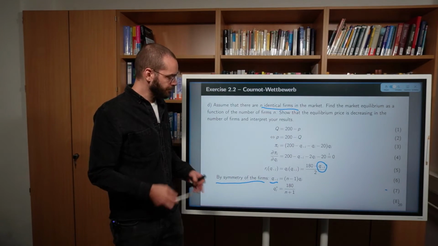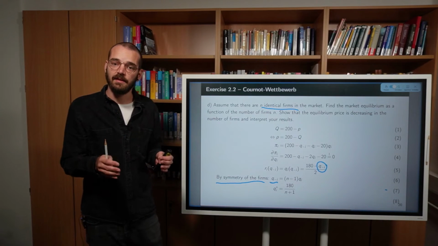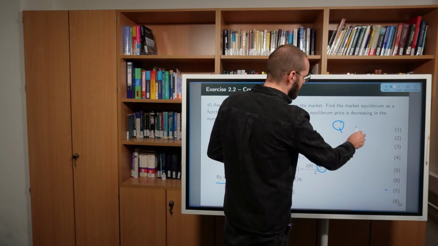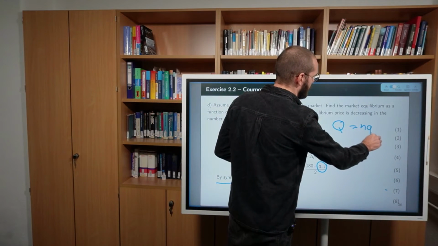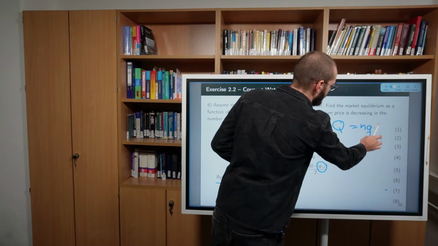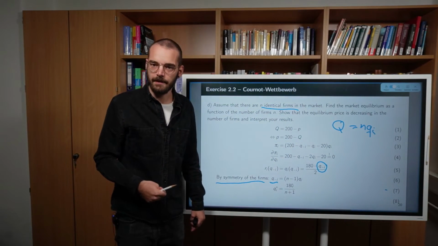Alright, so if all firms are identical, then of course the total quantity in the market is simply n times the individual quantity. Okay? Because all firms are symmetrical, all firms are producing the same quantity.